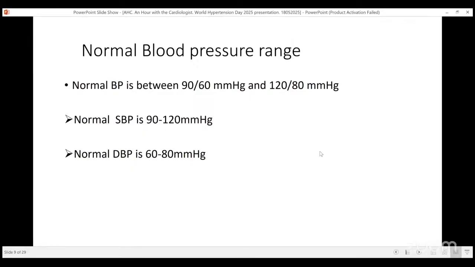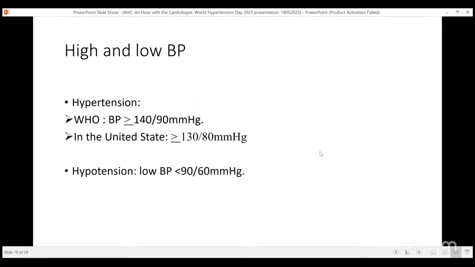When it is higher than that, from 121 to 139 over 81 to 89, we say that the person has pre-hypertension. That is pre-hypertension, and it's just a step away from the person being hypertensive. That is important. At 140 and above, we say that the person is hypertensive.